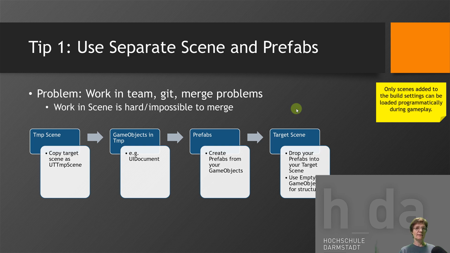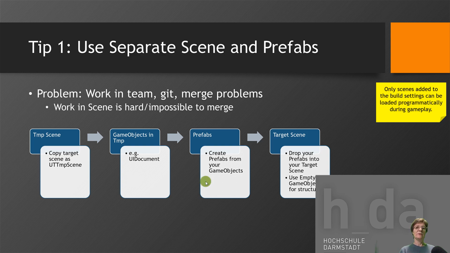Working in a scene with many people at the same time is almost impossible, and most likely you will run into merge conflicts. So I suggest you take your target scene where you want to work on, make a copy of it, add your game objects and configure them.